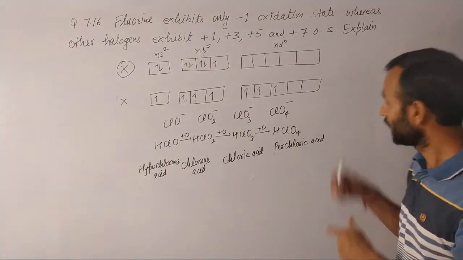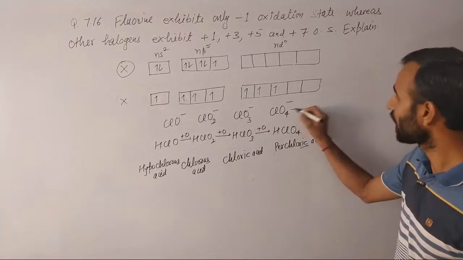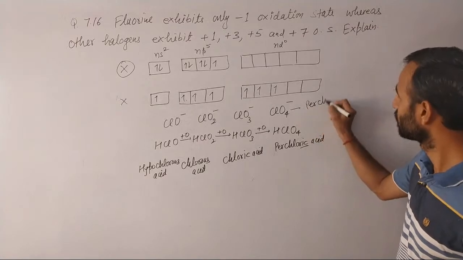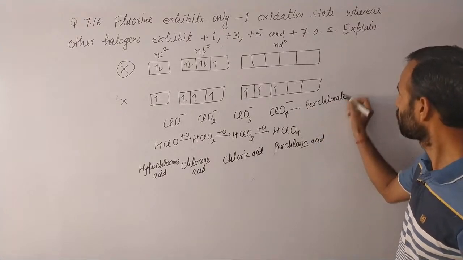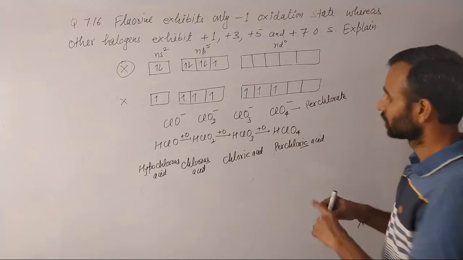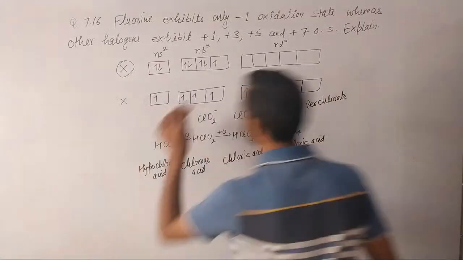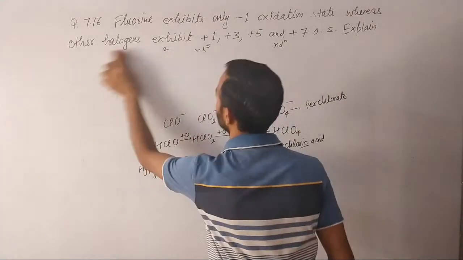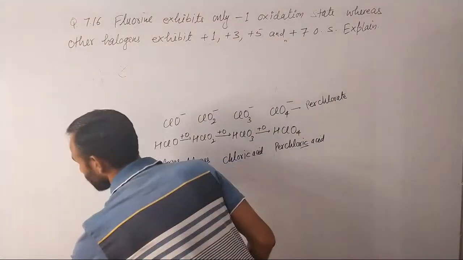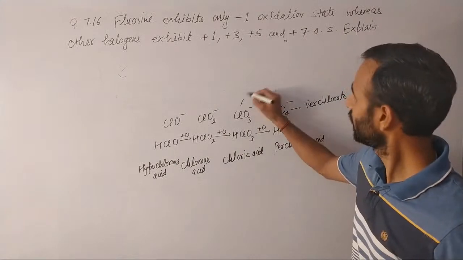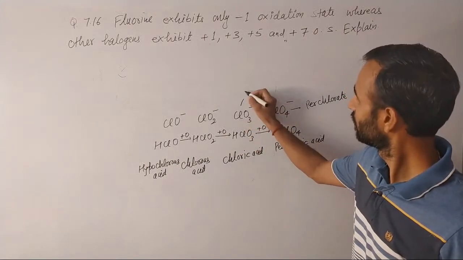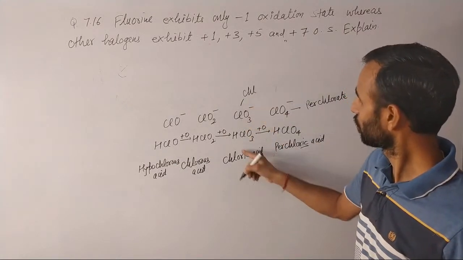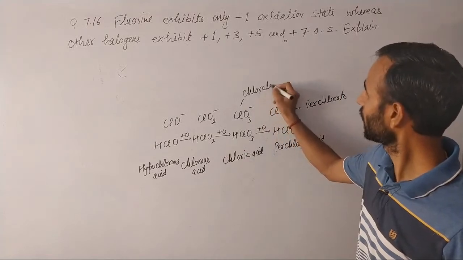So, ic in the anion becomes ate. It is perchlorate. Chloric becomes chlorate ion.